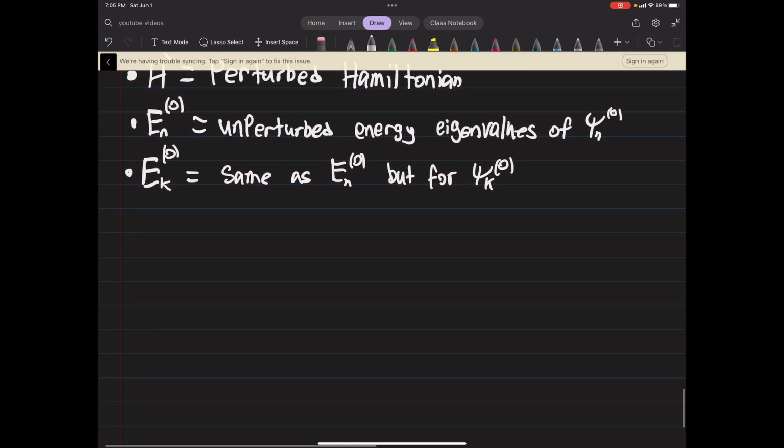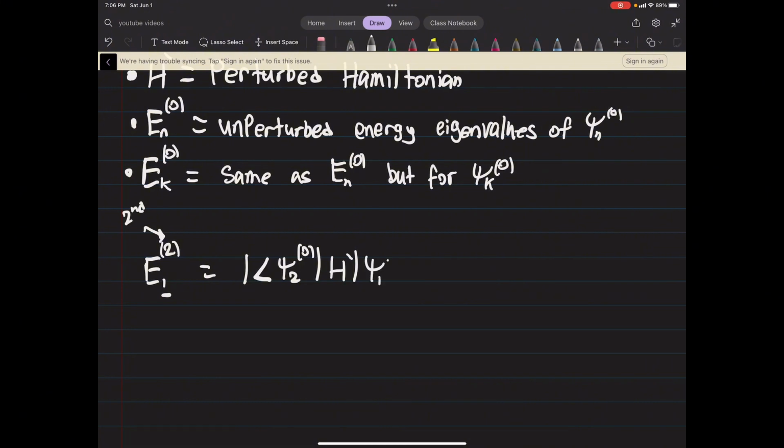So let's just do an example. We have to, it's part of the problem. So this is the first state, this is the second order correction. So we have psi sub 2, h prime, psi 1 all squared, divided by E1 minus E2.